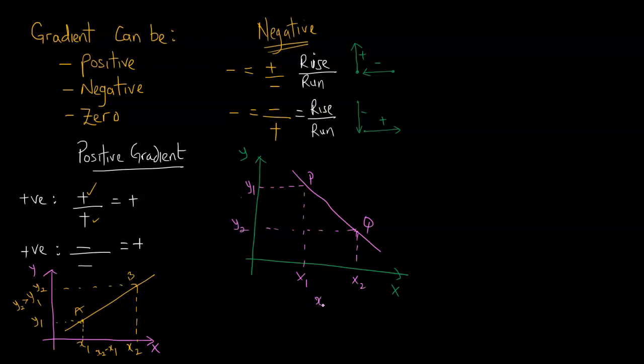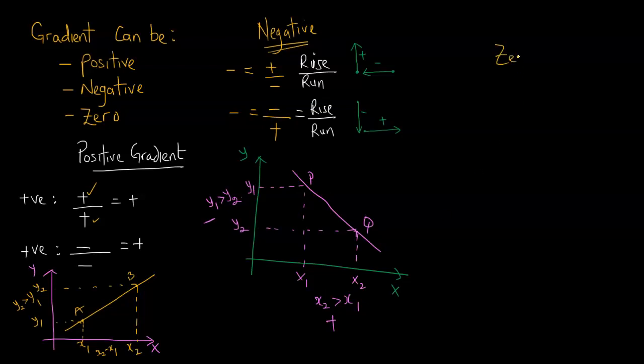So clearly, x2 is greater than x1 here, but y1 is greater than y2. So it's obvious that my y2 minus y1 here would be negative, but x2 minus x1 would be positive. So this line PQ would have a negative gradient.